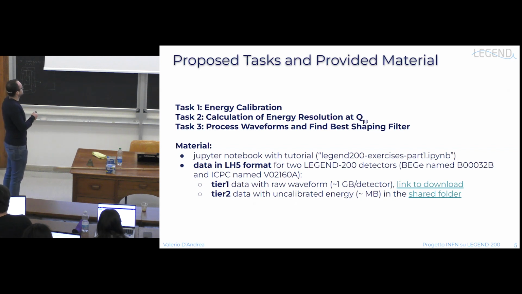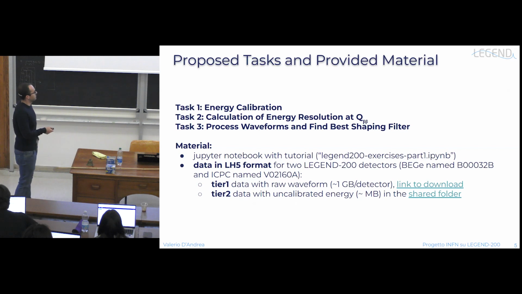You don't need the tier 1 file for the calibration, at least for the first 2 steps here, because in the tier 2 data you can find the uncalibrated energy. Basically, you find the list with the energies, and the tier 2 is in the shared folder. It's something like 3 to 4 megabytes.